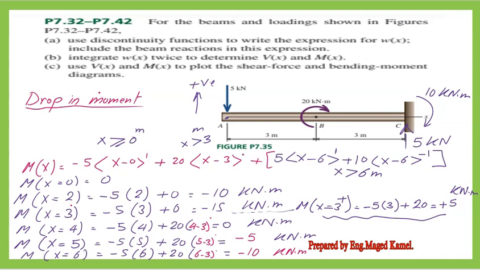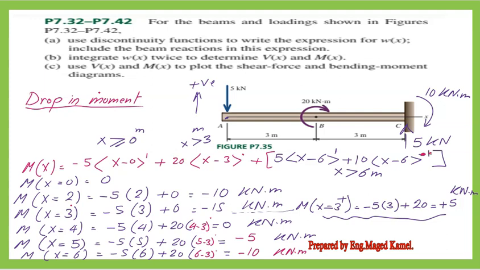Here is a moment, and multiplied by a value raised to the power of 0, it will lead to 1, so there are consistent units. And the third expression, 5 multiplied by (x minus 6) raised to the power of 1, plus 10 multiplied by (x minus 6) raised to the power of 0.